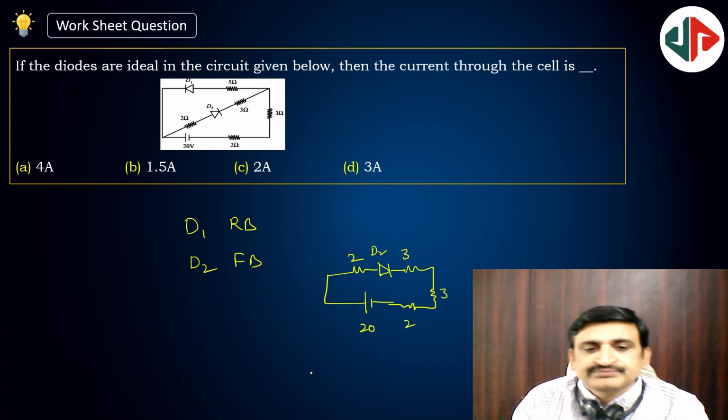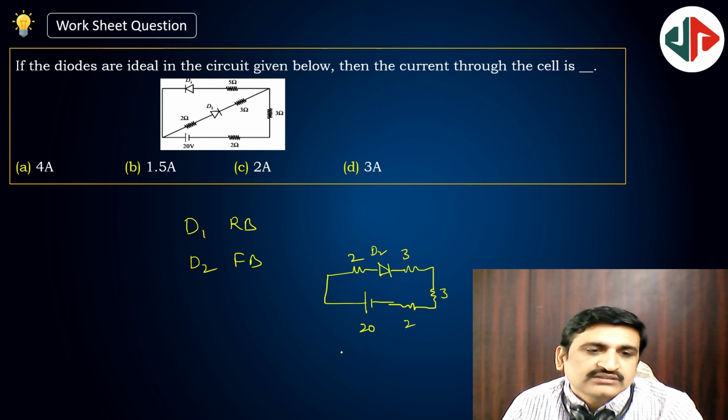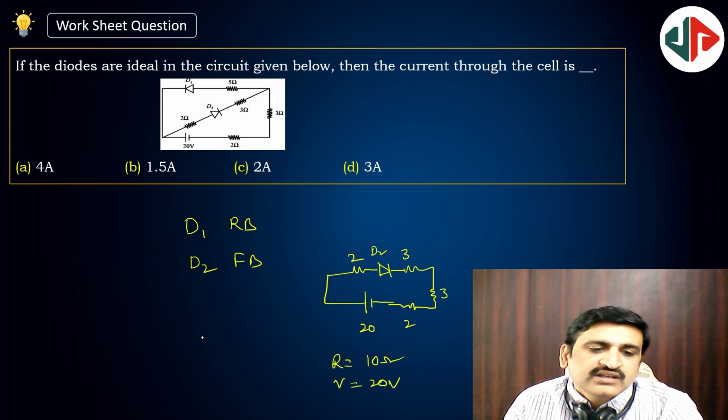So 2 plus 3 plus 3 plus 2 is 10 ohms, the total resistance R. Then V is 20 volts, so I is equal to V by R, 20 by 10, which is equal to 2 amps.